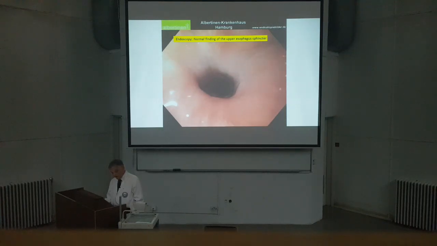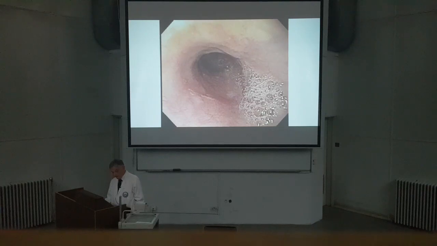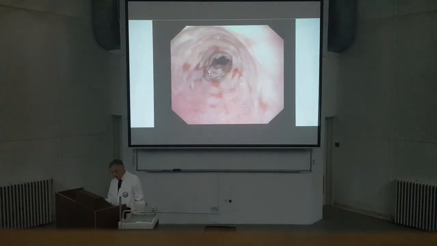That's the upper esophagus. Those are secretions in the esophagus, and then when you go lower down, although here there is esophagitis, you can see the stomach. The stomach has a different arrangement of mucosa.